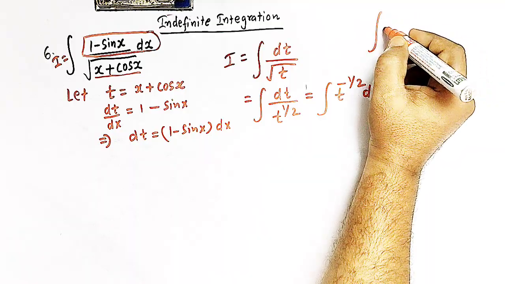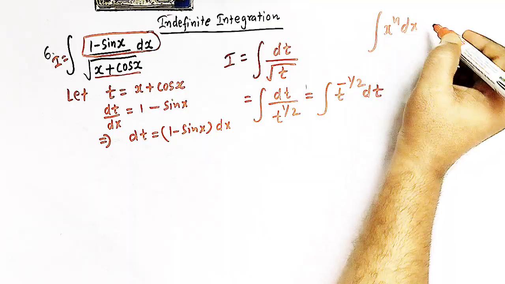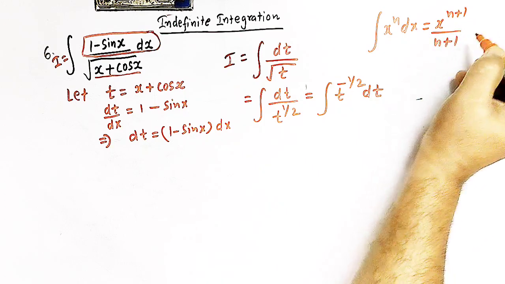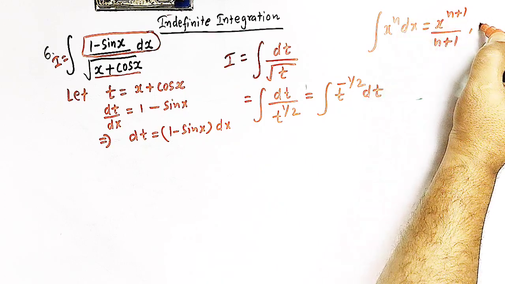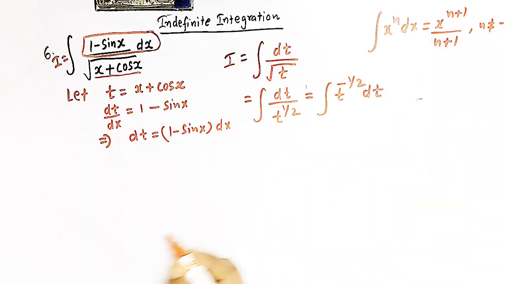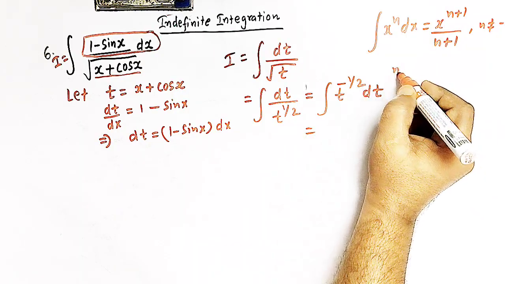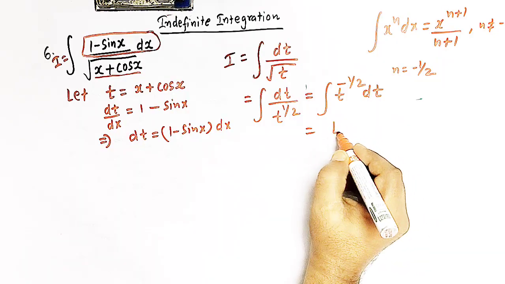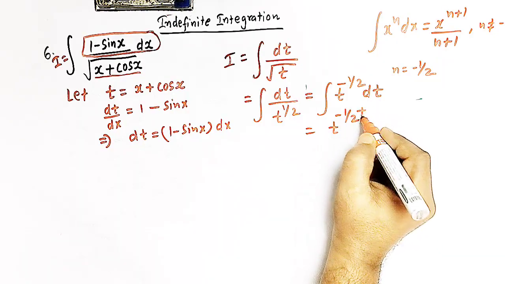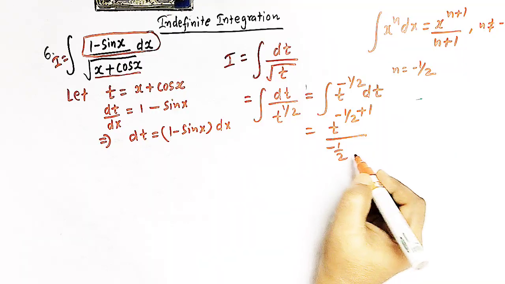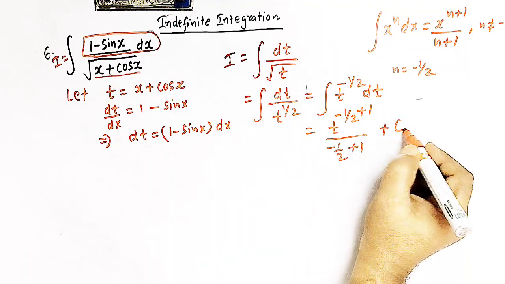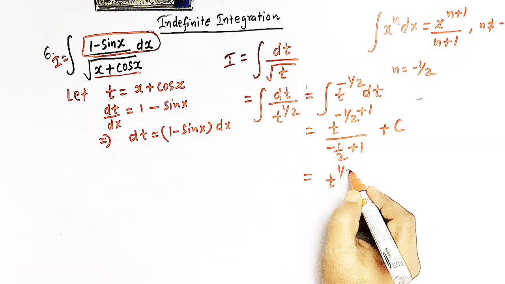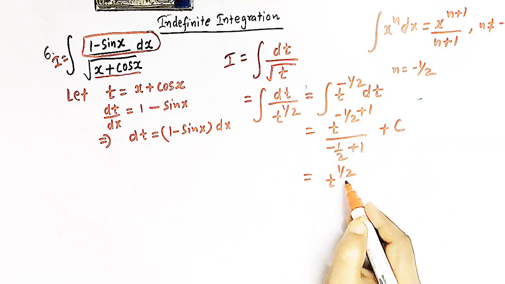Now using this result, we have x raised to n plus 1 over n plus 1, provided n is not equal to minus 1. So here the value of n is minus half. So we have here t raised to minus half plus 1 over minus half plus 1, and c is the constant of integration. So we have t raised to half, 1 minus half is half.